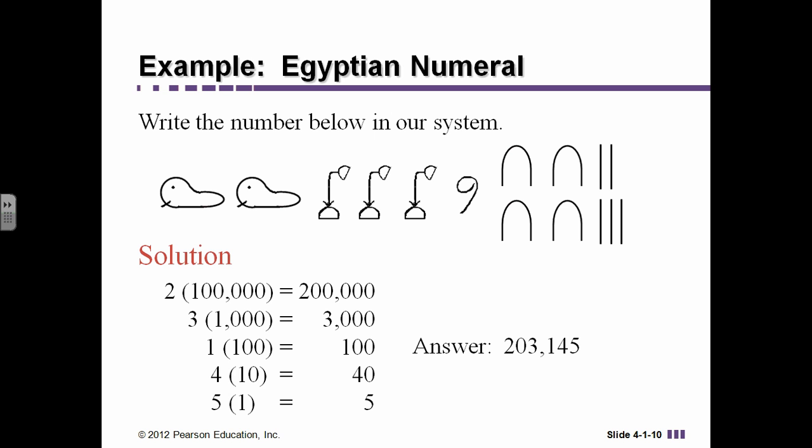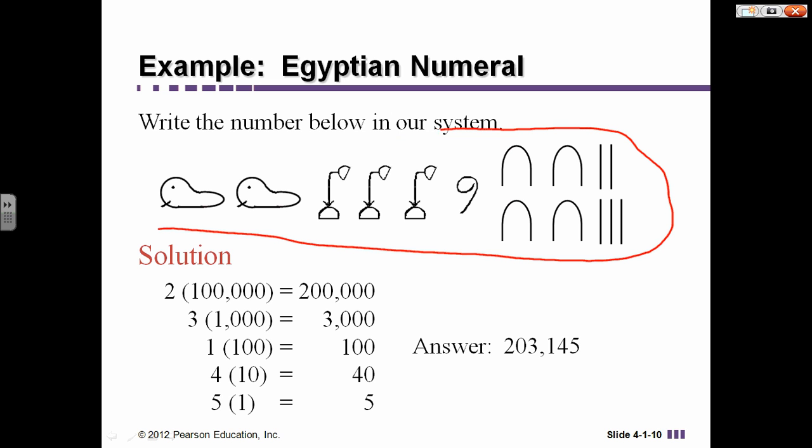So let's say I have this number that you see below. And again, to clarify, the number is this part of the problem. So remember, we're not dealing with 0, 1, 2, 3, 4, 5. They want you to tell what that number represents in the Hindu-Arabic system that we are familiar with.